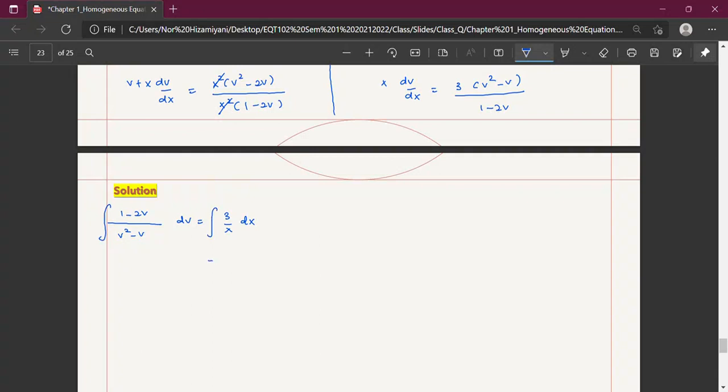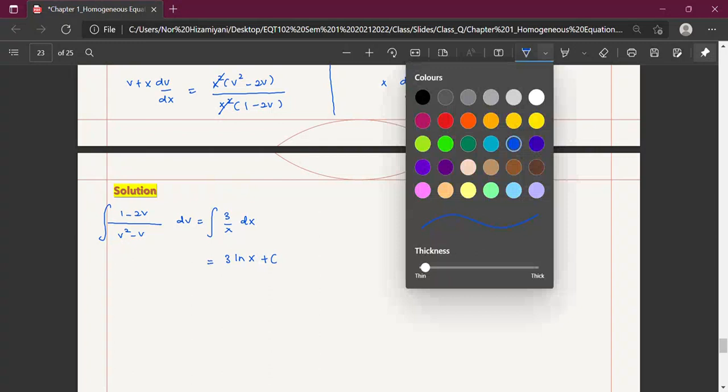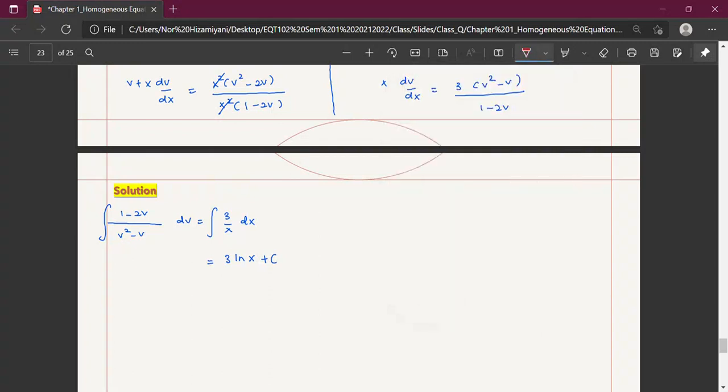For the right hand side, you will get 3 ln x plus c. For the left hand side, again, you have to use techniques of integration. Actually, to solve this one, you can either use substitution method or partial fraction, but I will show you how to use substitution method because it's easier.